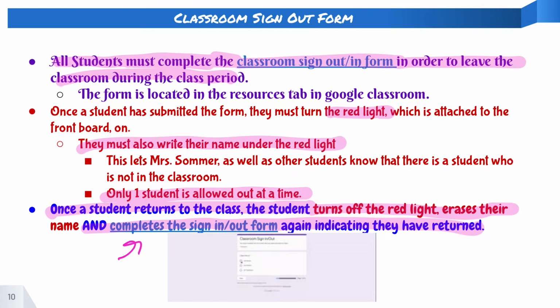All other times they were in my classroom. And I have those timestamps from the Google form stating that the student was out for this amount of time or the student was not out. So it's important to complete it when they leave and as soon as they return in order to have more accurate documentation.